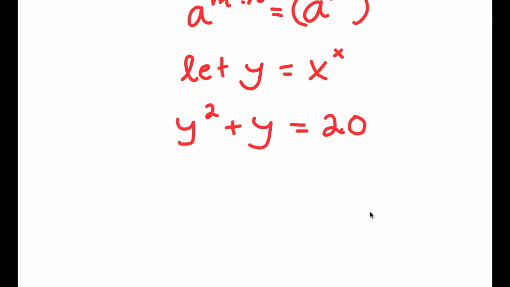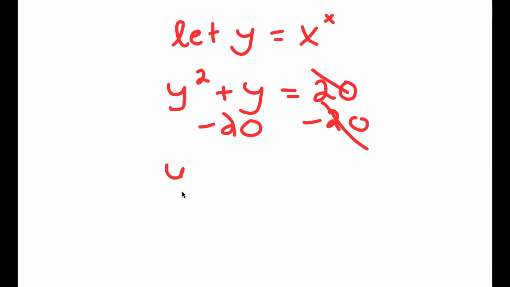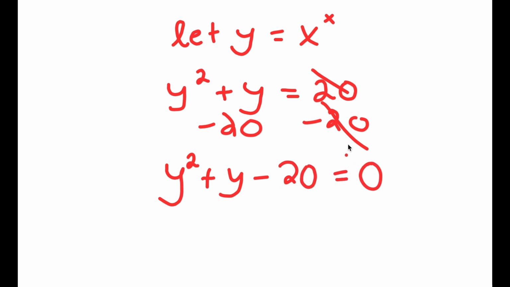Now from here, I'm going to subtract 20 on both sides. So then these two cancel out, and I'll be left with y squared plus y minus 20 is equal to 0.